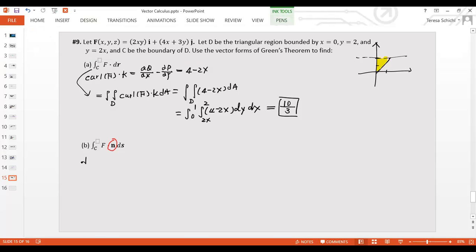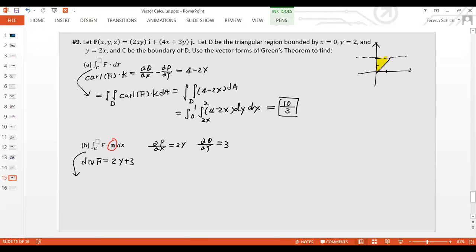First thing, let's find the divergence of F. The divergence of F is just ∂P/∂x plus ∂Q/∂y, right? So ∂P/∂x is equal to 2y, then ∂Q/∂y is 3. So my divergence will be 2y plus 3.